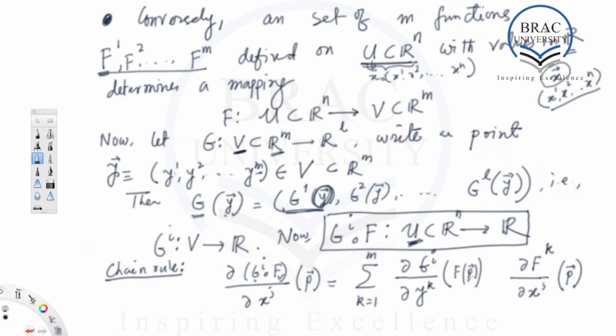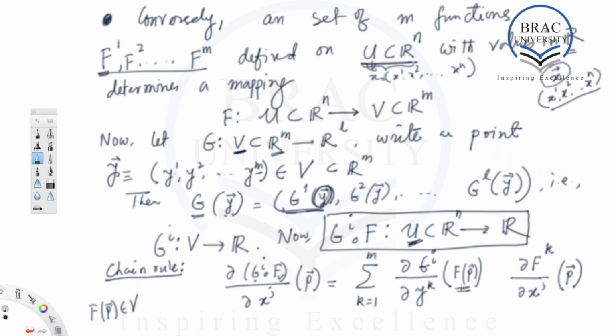Remember that fp is a point in the set V, okay, and since for each i, gi is a map from V to R, it makes sense to evaluate this derivative at the point fp, right?